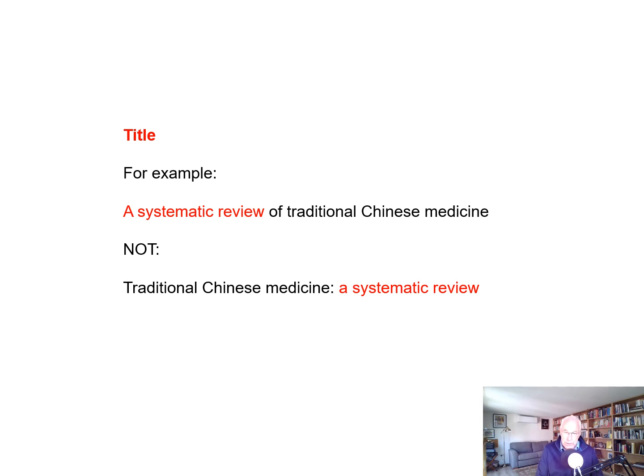Somebody who is searching for an article in this area will already be looking for articles on traditional Chinese medicine, but if they see one that says systematic review, and they see that easily by having it on the left-hand side where it's red, then that will attract them much more to that article than if you used the second title.